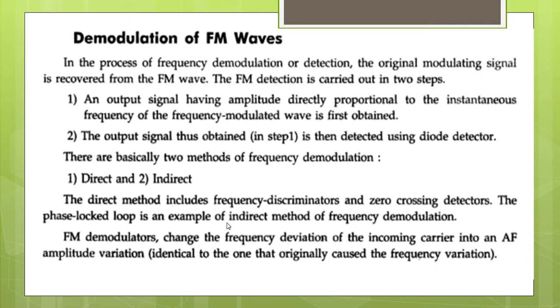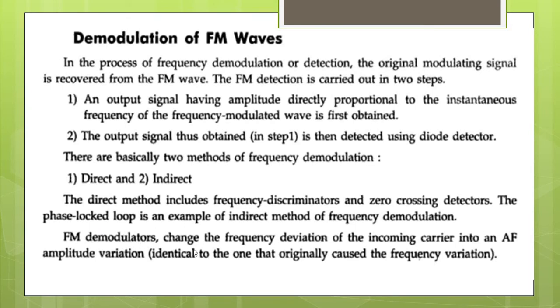So basically we have two methods of frequency demodulation or detection. One is the direct method, the second one is the indirect method. So in the direct method, we use frequency discriminators and zero crossing detectors. An example of the direct method of FM demodulation is the phase lock loop.